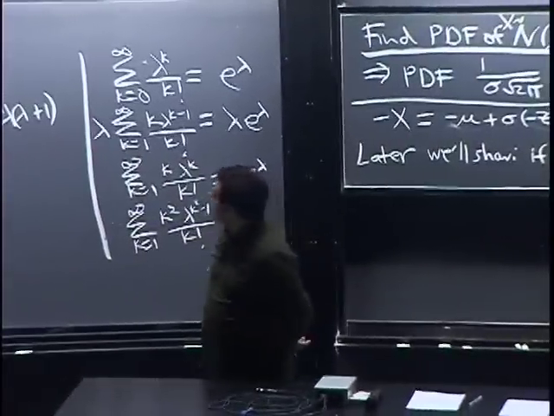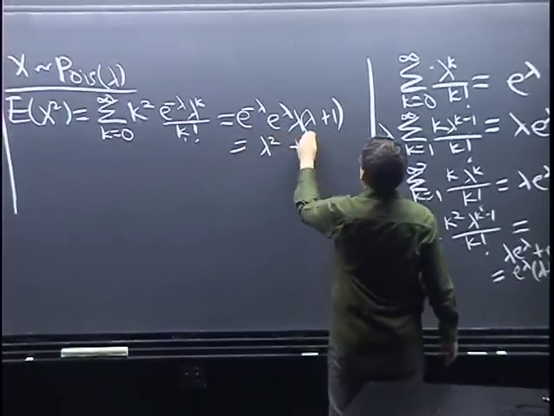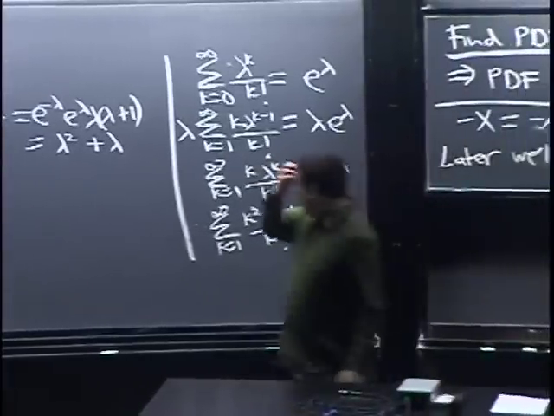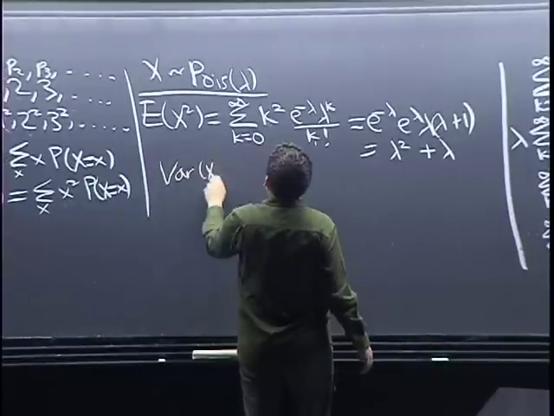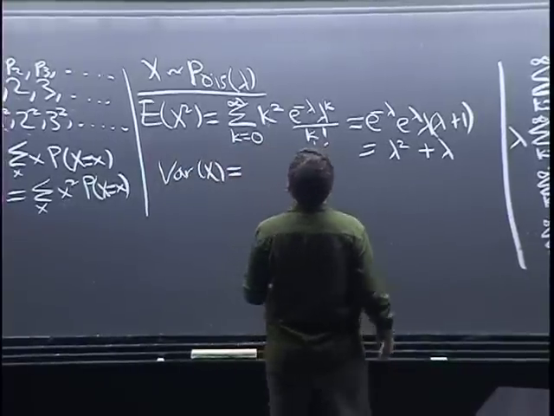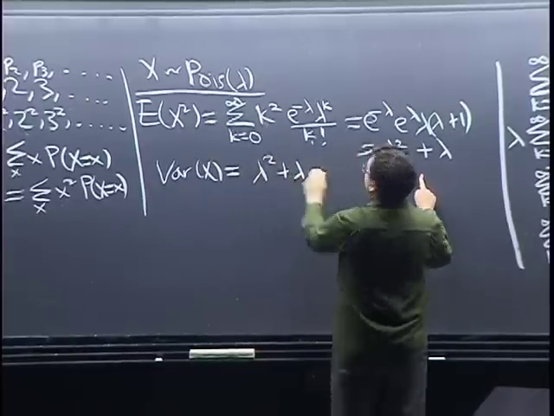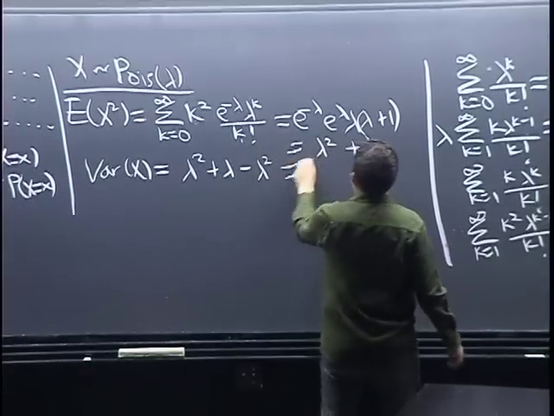So that's just lambda squared plus lambda. And now we have the variance. So the variance of x equals this thing, lambda squared plus lambda minus the square of the mean, which is lambda squared, equals lambda.